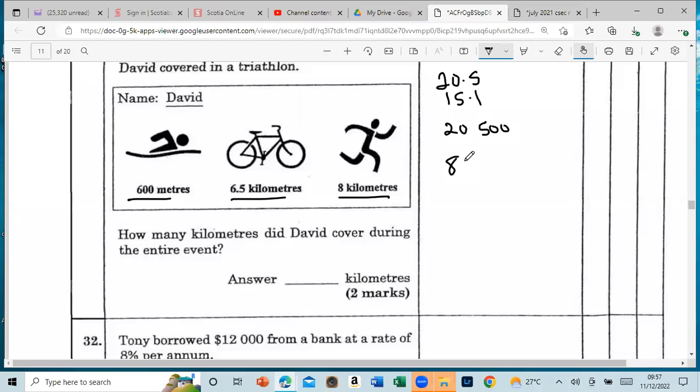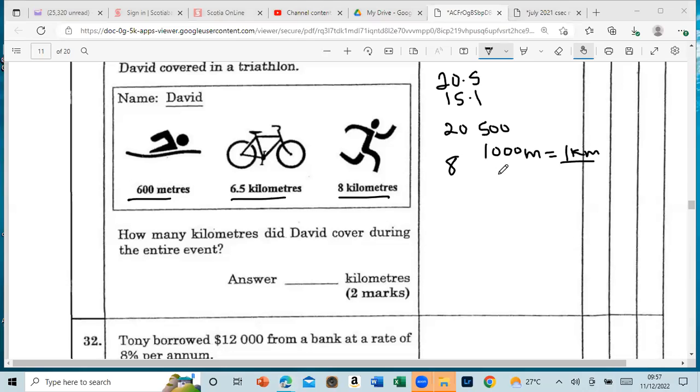Guys, how many meters make 1 kilometer? 1,000. It's 1,000, right? Remember, kilo means 1,000. So 1 kilometer consists of 1,000 meters.